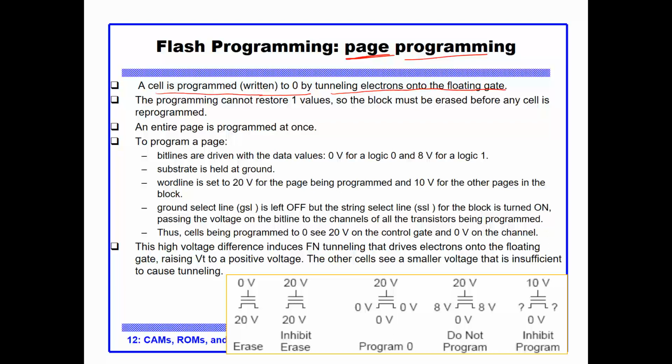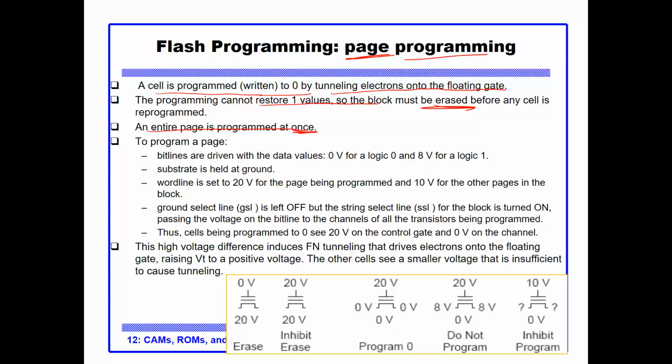The programming cannot restore one values, meaning once you program a transistor to store a zero by raising its VT, you cannot write a 1, you cannot make its VT negative until you do an erase for the entire block. So you can erase for the entire block, and you can write once to the page. The entire page is programmed once only.